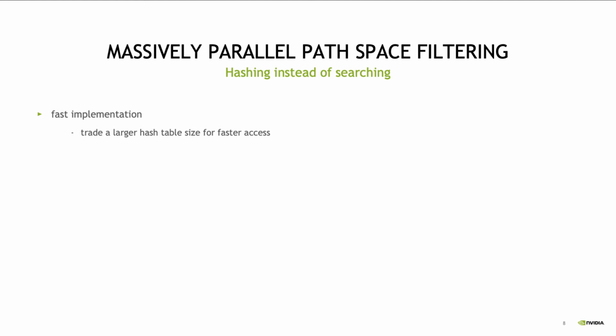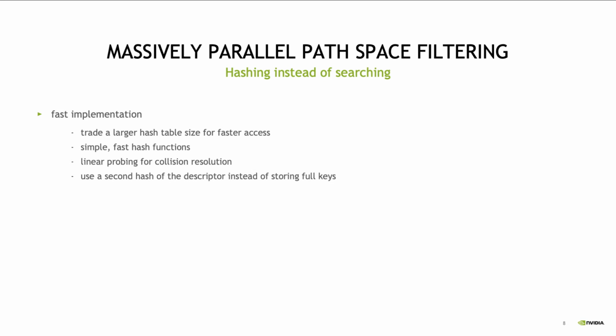Therefore, for a fast implementation, we trade a larger hash table size for faster access, because larger table sizes result in less collisions. Also, we only use very simple and very fast hash functions and only use linear probing for collision resolution. Linear probing simply checks the next cell until either a cell with the same descriptor or an empty cell has been found.